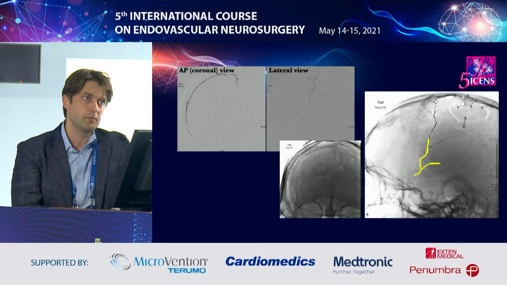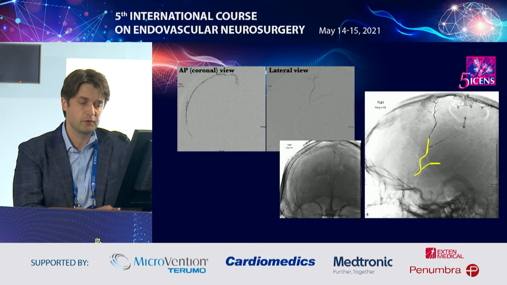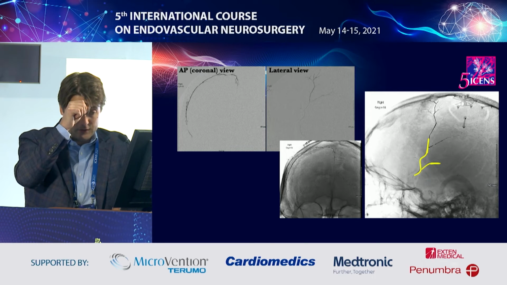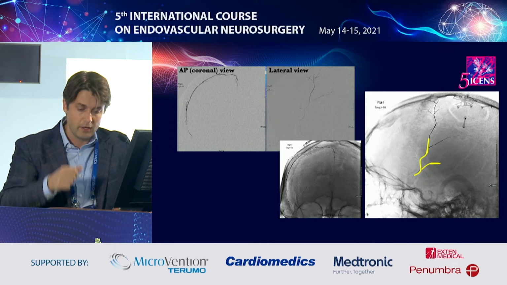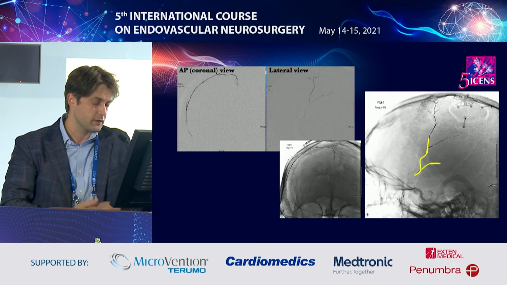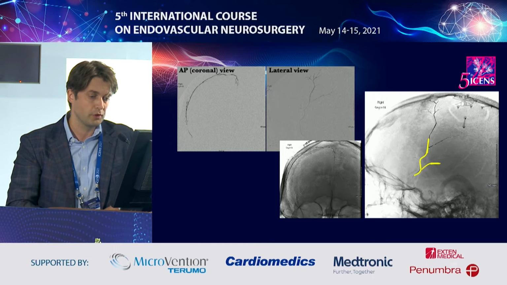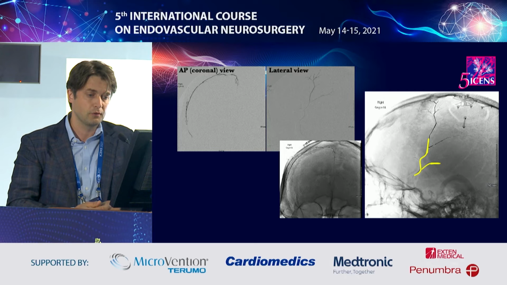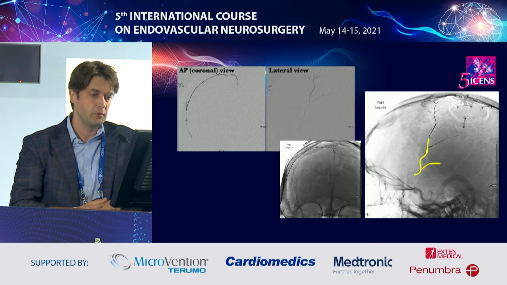But then I looked at the images, CT images, and it turned out to be really effective. Coiling is really effective, and there is a significant reduction of hematoma just due to closing of the proximal parts, proximal branches.